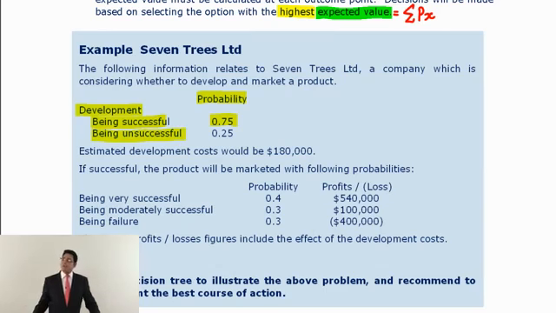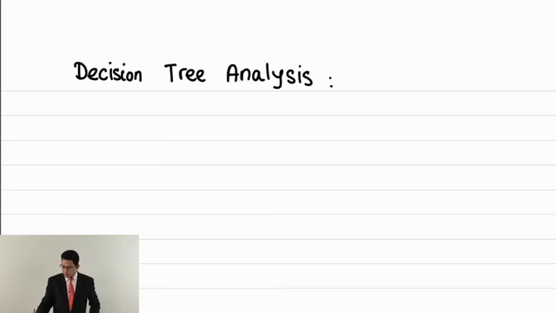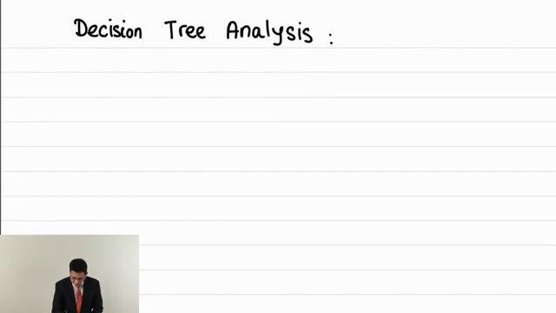And if I develop, I may be unsuccessful with 0.25 or 25% chance. So if I do develop the product, I may be successful, I may not be successful; time will tell. So here is the starting point of this decision tree, which is a square, a decision point: develop or not to develop.